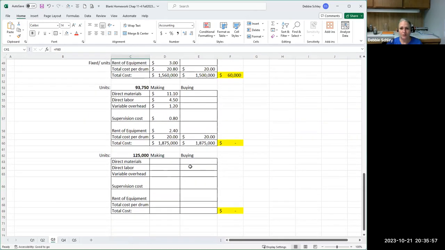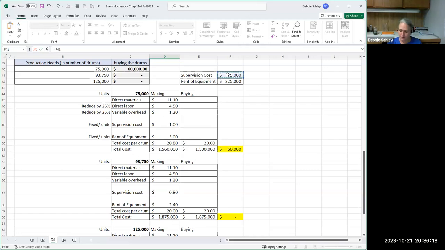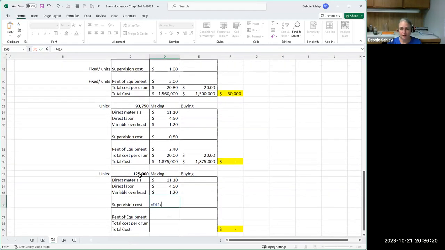So now we're going to do the same thing, only we're going to do it right this time for 125,000 units. So this one and this one I can drag down. But this one I need to go equals that's supervision cost divided by the number of units.